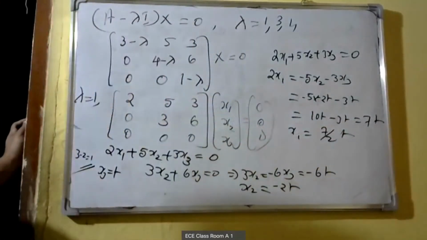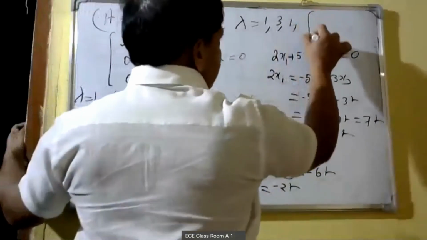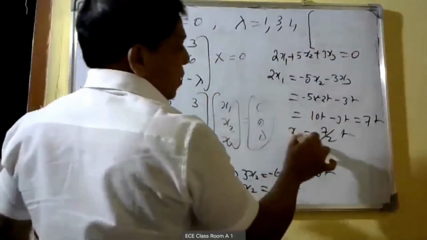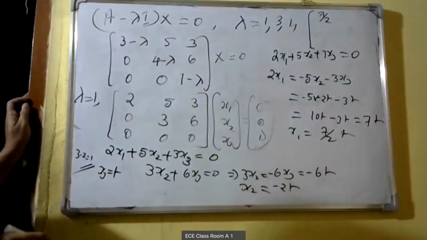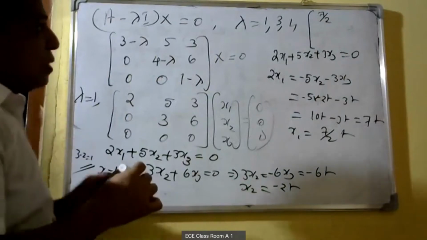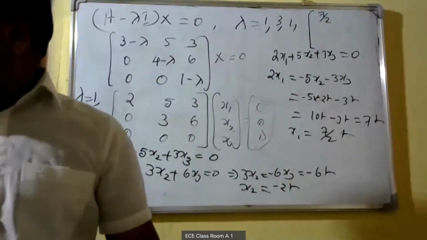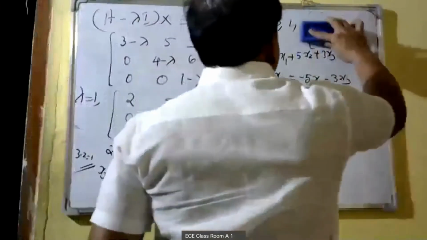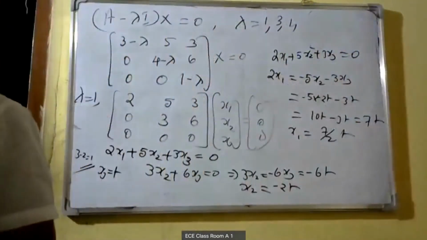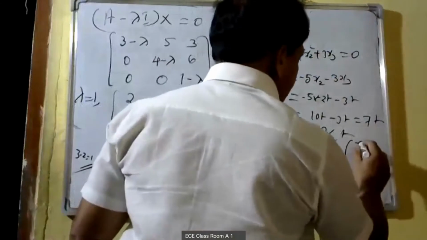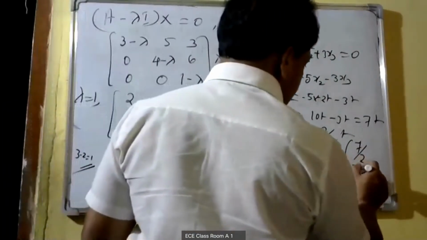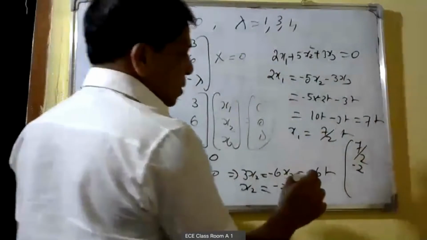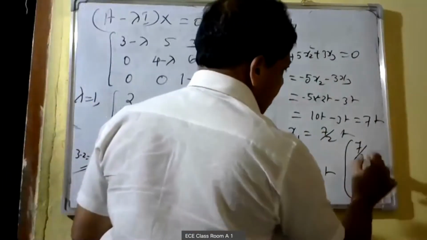Therefore the eigenvector is: x1 is equal to 7 by 2, x2 is equal to minus 2, x3 is equal to 1.